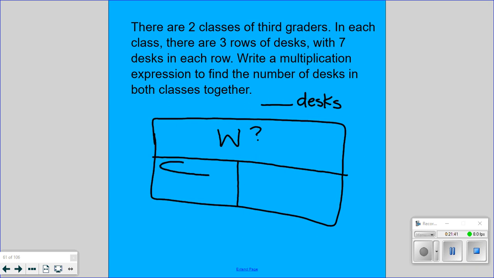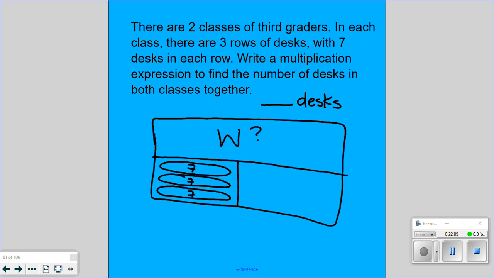So here's a row of desks, here's a row of desks, and here's a row of desks. So did each class only have 7 desks? No, they had more than that, because they had 7 here, 7 here, 7 here.